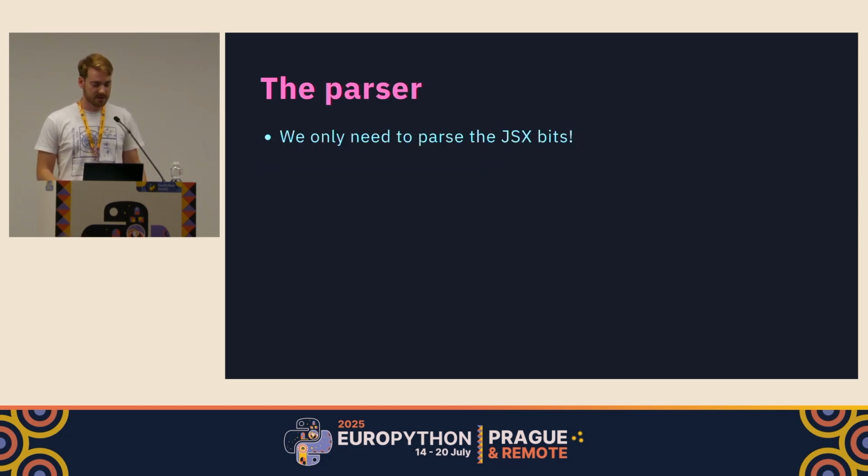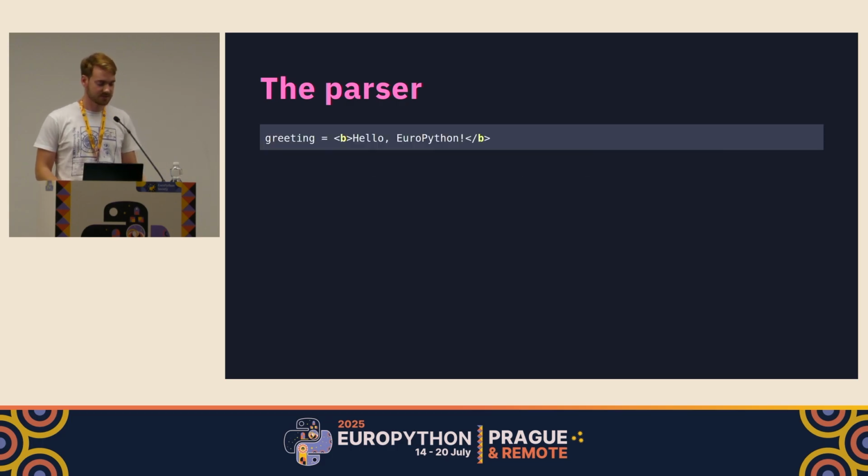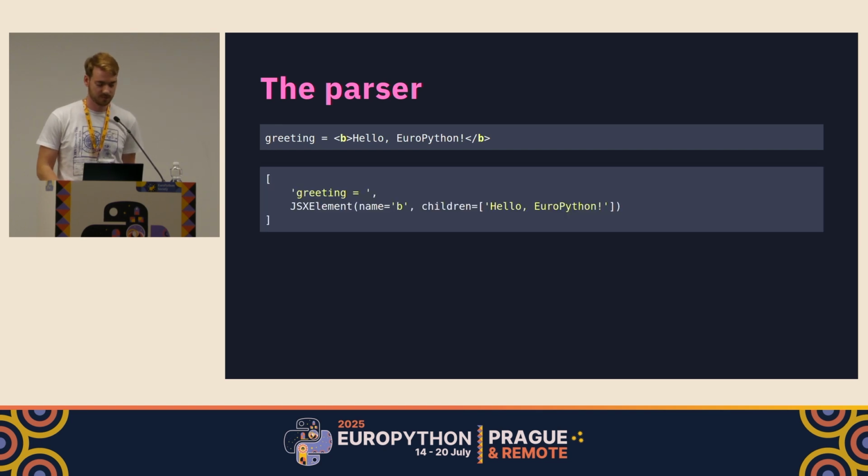So that's for the tokenizer. Now, the parser, again, we just need to parse all the JSX. We don't care about Python at all because we can offload this to the Python interpreter. So yeah, that's basically what I said. If we have this line of code, the parser basically produces something like this. The greeting equals sign is basically kept as a string because we don't need to do any processing on it.